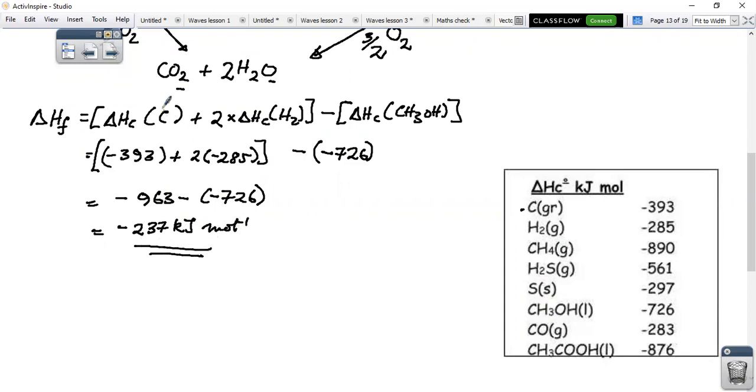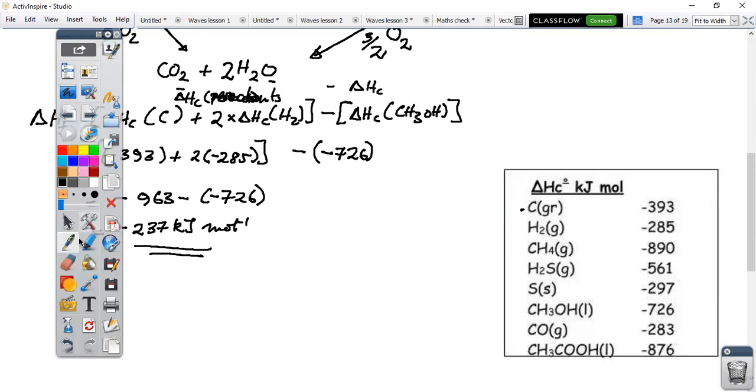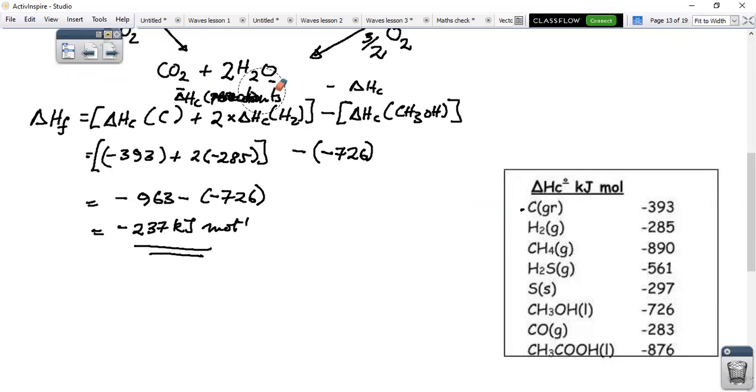So I've used the other method. So this is now delta HC of products minus delta HC. Don't know why I keep, even I'm confusing it. Sorry, reactants. Now let's take this off, otherwise it will confuse things. Let me try and erase this. Oh, taking off quite a bit there.